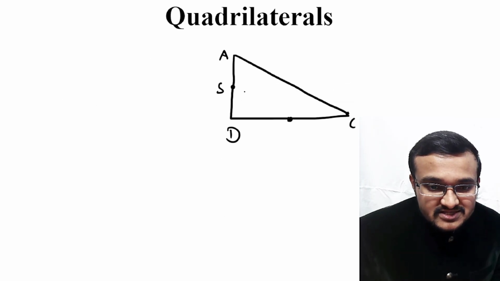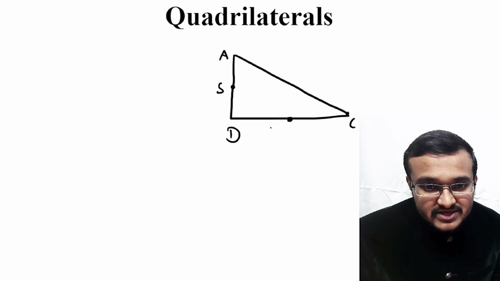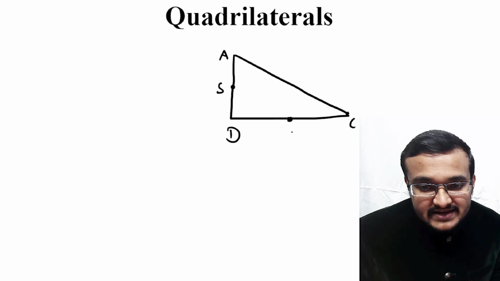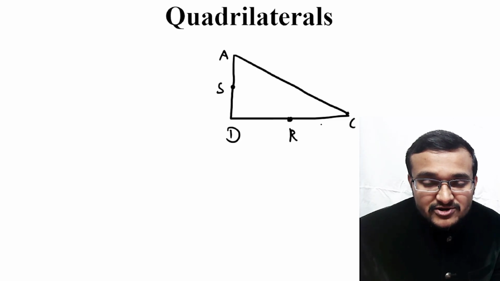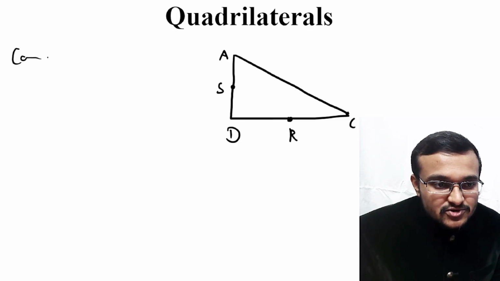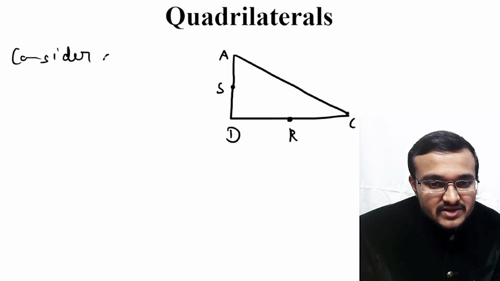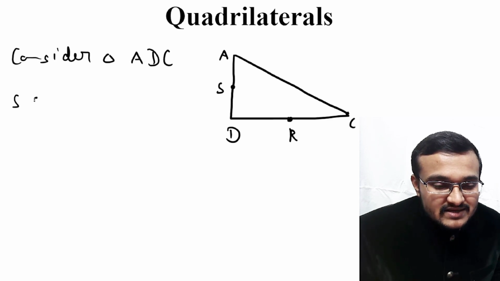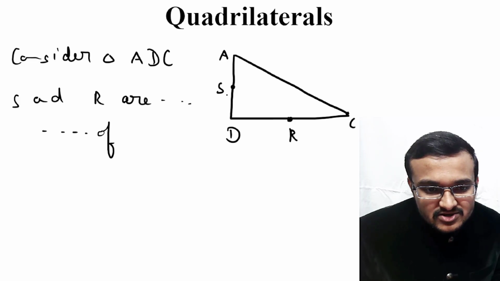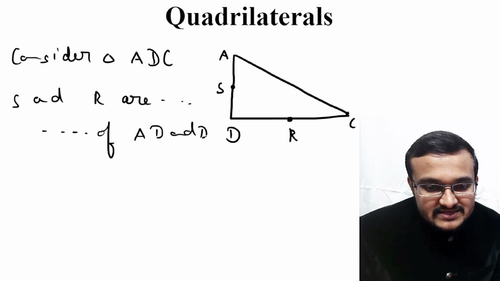And now we will consider this particular triangle ADC. So here S acts as midpoint of AD and R acts as midpoint of DC. So here also you can consider triangle ADC. So here S and R are midpoints of AD and DC.